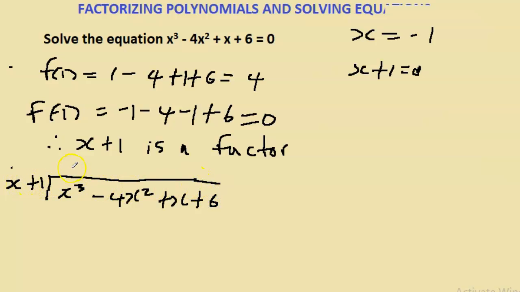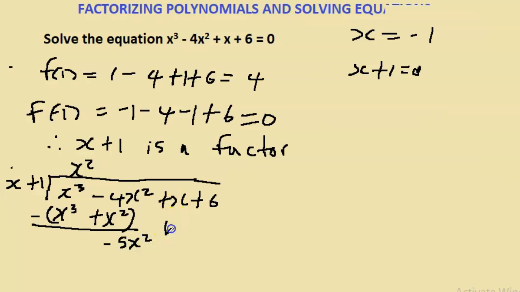So x into x cubed, that's x squared. And then x squared times these values: x squared times x, that's x cubed. x squared times 1, that's positive x squared. We subtract, we are always subtracting. x cubed take away x cubed, that's 0. Minus 4 minus x squared, that's minus 5x squared.